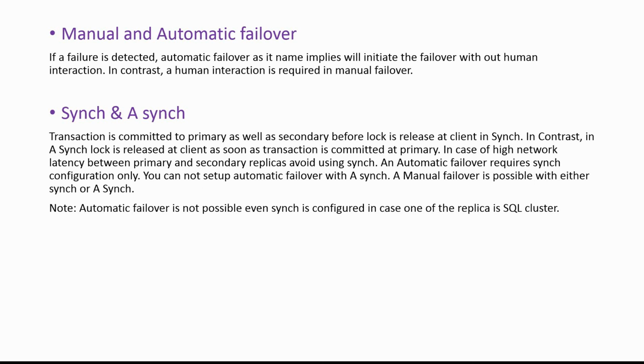So you have a risk that in case of a disaster, not all of the data might be available to the secondary. For the time when it has not committed the transaction to the secondary, you may see data loss. There is something to think about when choosing between sync and async.